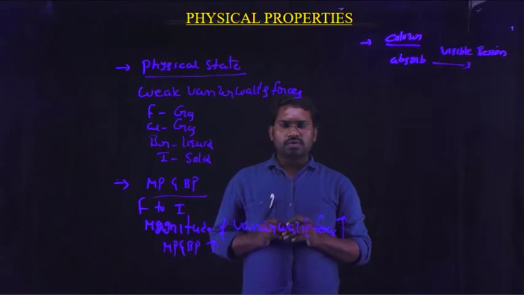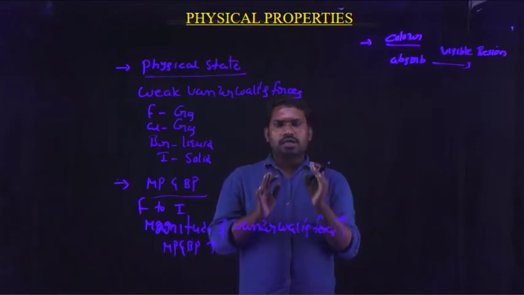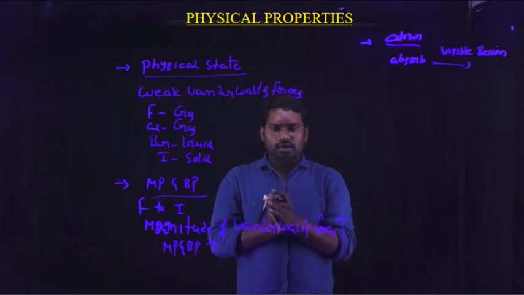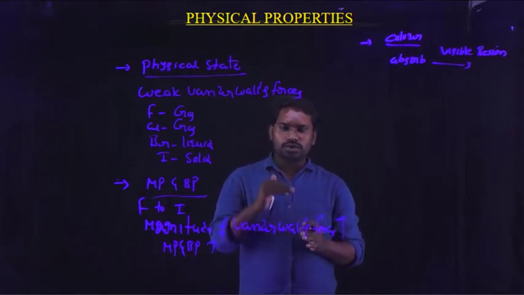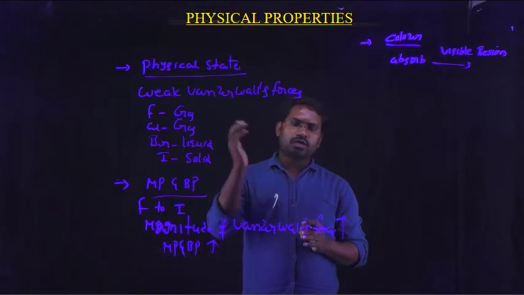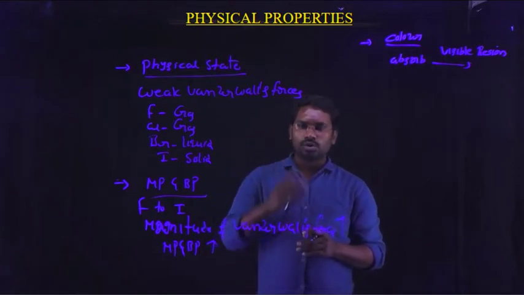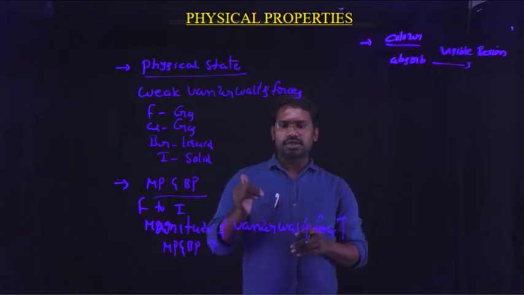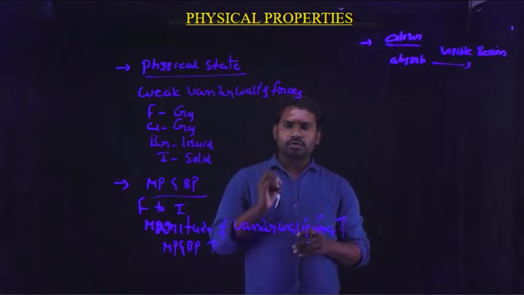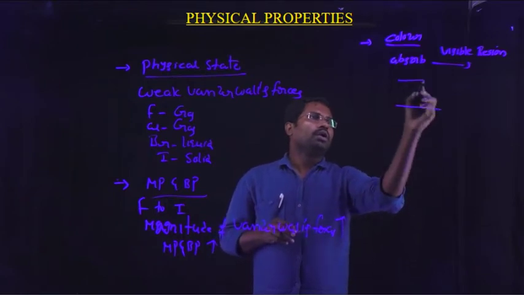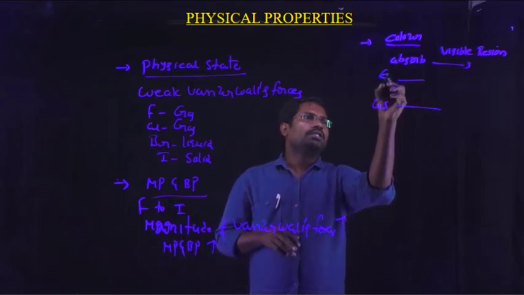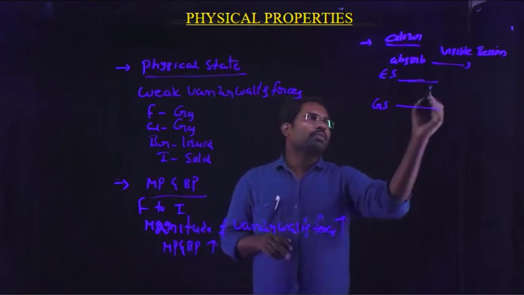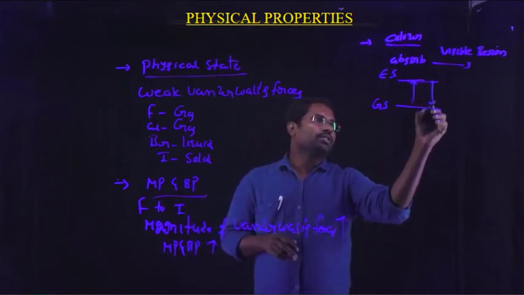We know very well that when light is absorbed by an atom, the light energy is absorbed by an electron, and that electron is promoted from the ground state to the excited state. You know very well about atomic structure. The excited state is very unstable, so the electron comes back from the excited state to the ground state and emits some radiation.